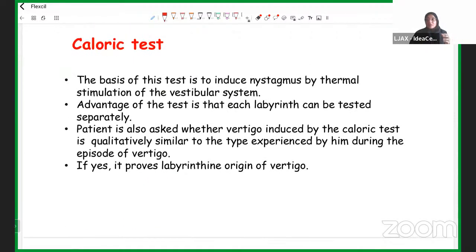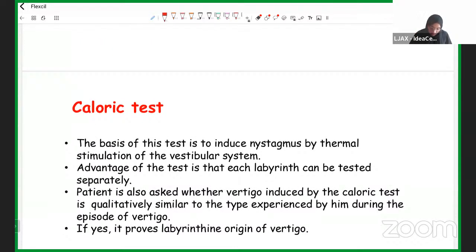So what happens here is that you put cold water in the patient's ear. Let's say this is your patient and these are his eyes. When you put in cold water, the eyes will initially move.